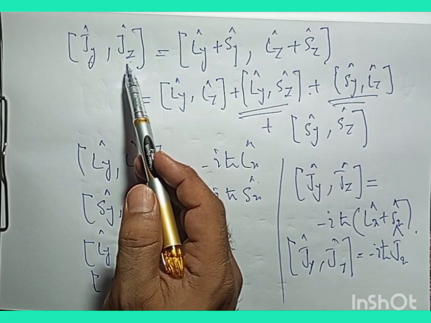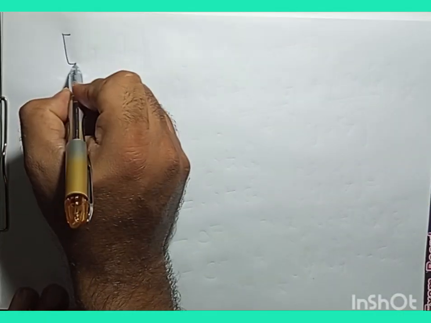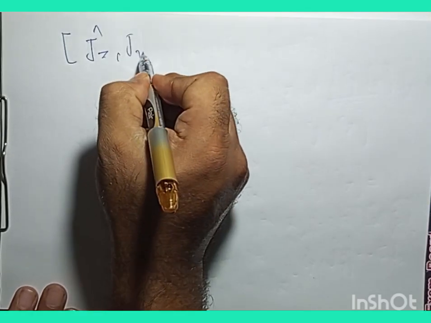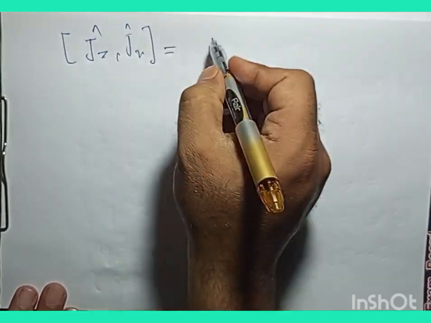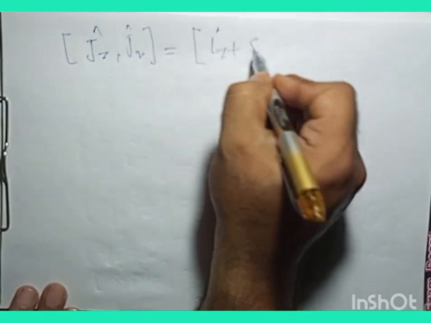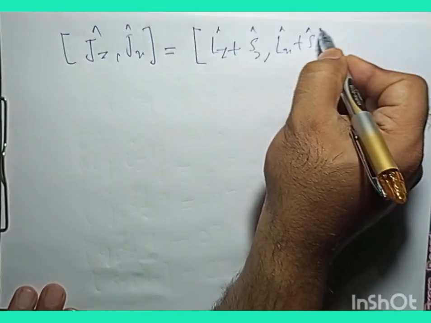And similarly, we would like to obtain the commutation relation between Jz and Jx. So the technique is the same. We have [Jz cap, Jx cap]. So what will this be? This will be [Lz cap + Sz cap, Lx cap + Sx cap].